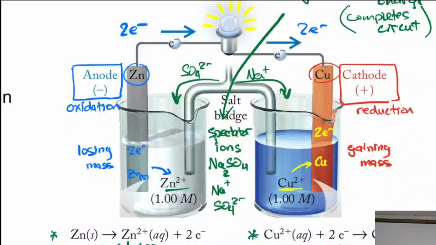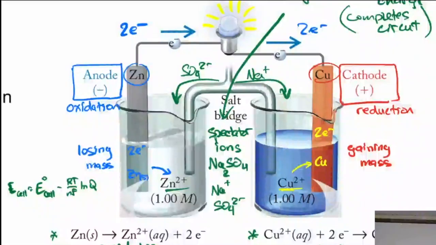So when we start this reaction, E of the cell is equal to E naught of the cell minus RT over nF natural log of Q. But if we start with 1 molar on each side, the log of Q is 0, which means this term goes away and the E of the cell is equal to our standard E of the cell, which we already calculated.